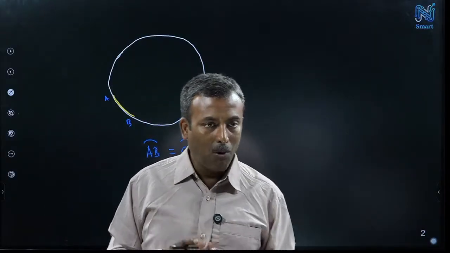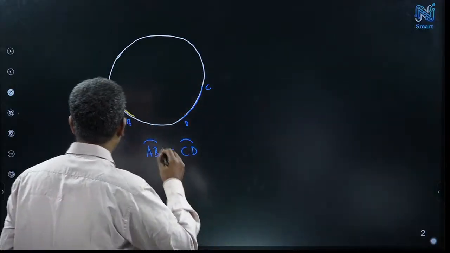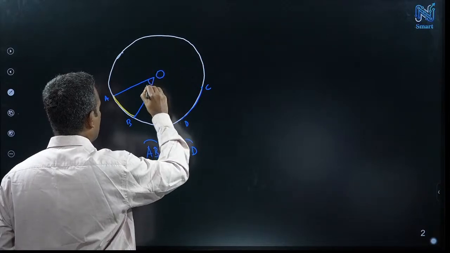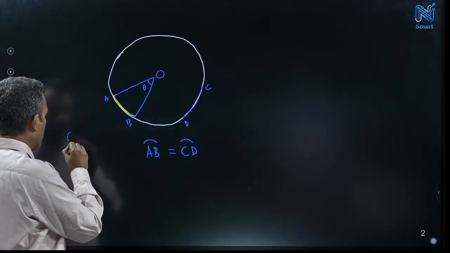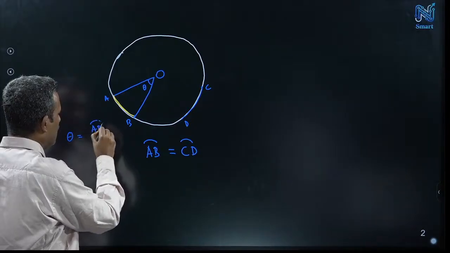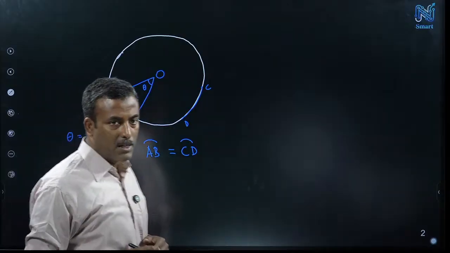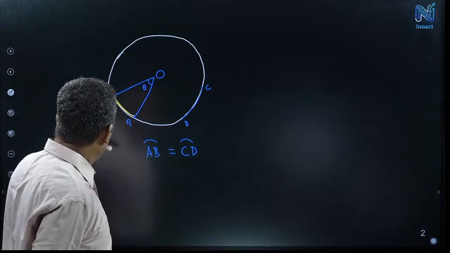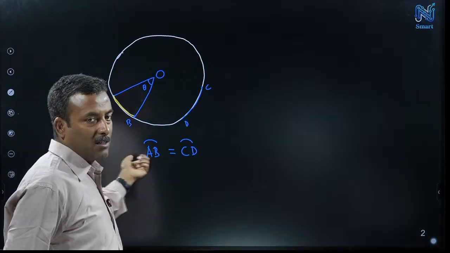To prove this, we have to use a very important result on circles. The result is, you know this, if O is the center and this angle is theta, then theta is nothing but the arc length of AB divided by the radius. This is the definition of the angle, because arc length AB divided by the radius OA or OB is the angle theta.